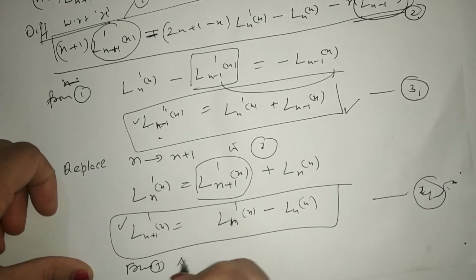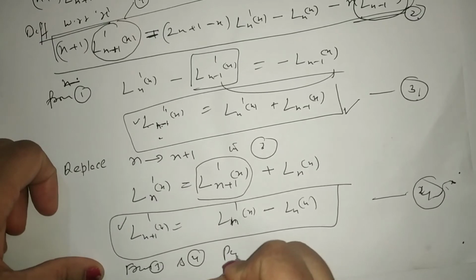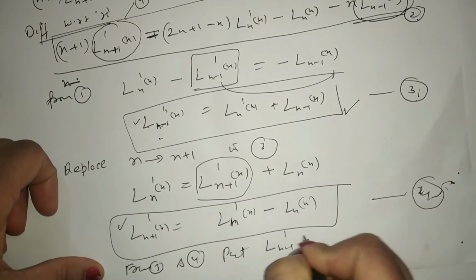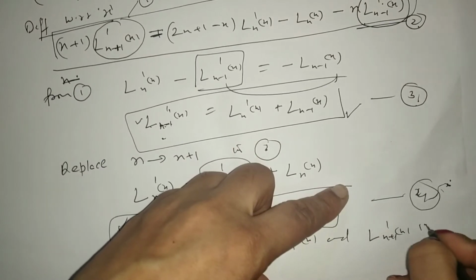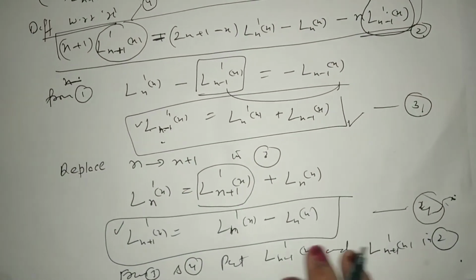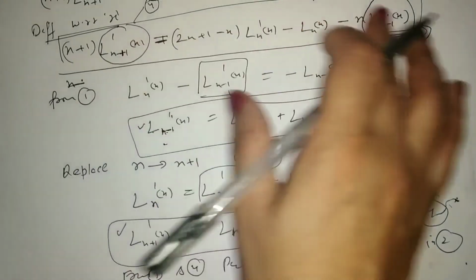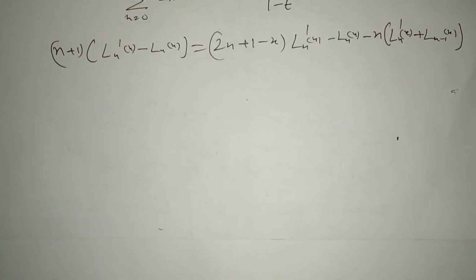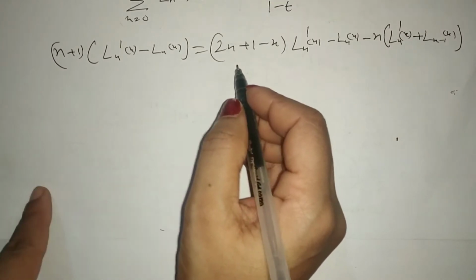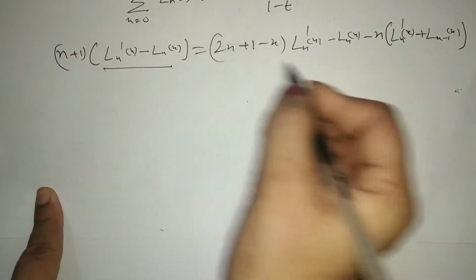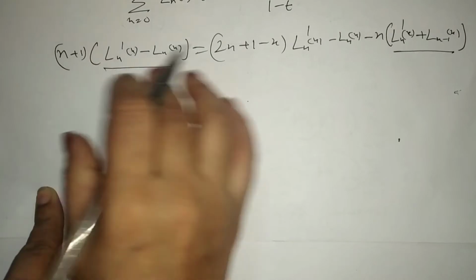From 3 and 4, put l n minus 1 dash and l n plus 1 dash x in 2. After using these two values, we get this result.